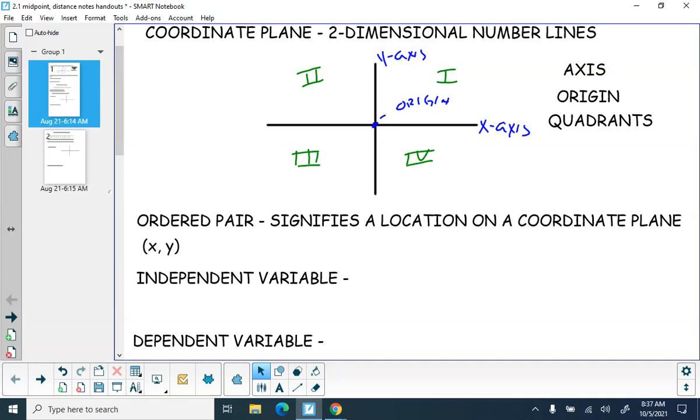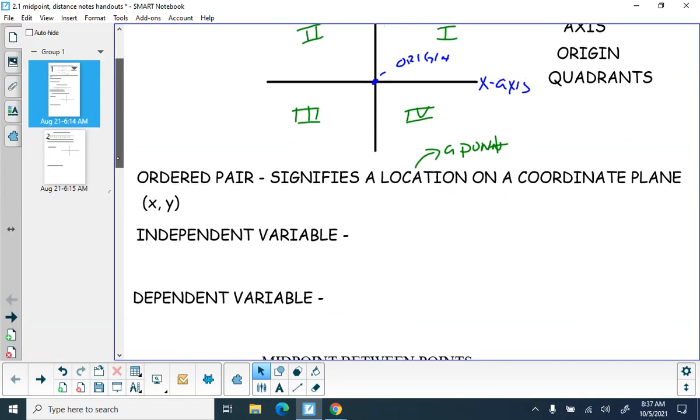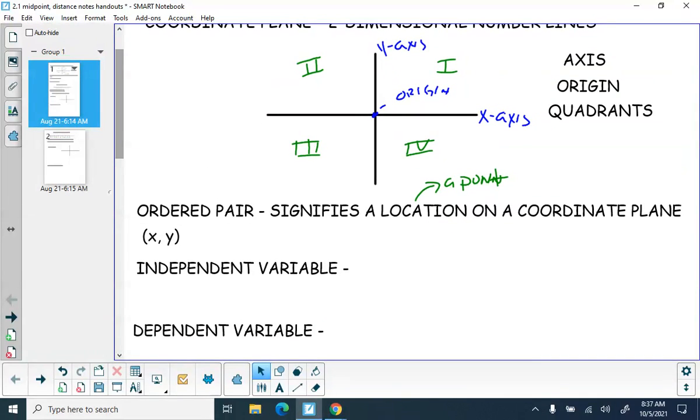So when you're talking about a location, you're talking about a point. Typically, we're going to deal with the x-axis as horizontal and the vertical axis is the y-axis. That's typically what we will do.